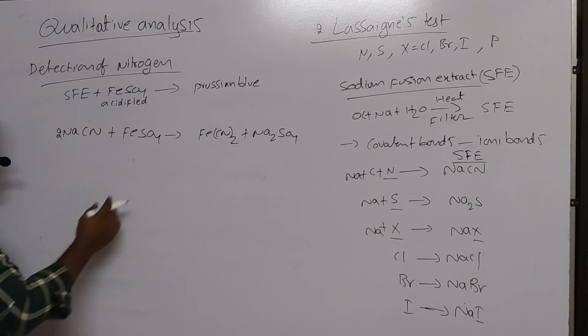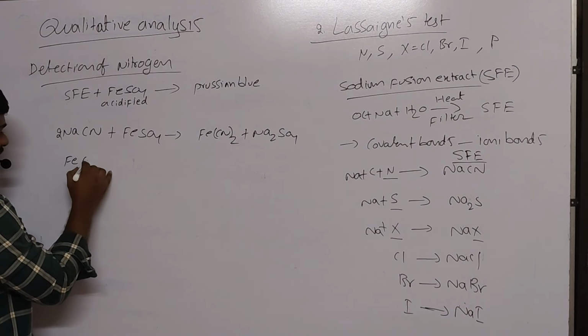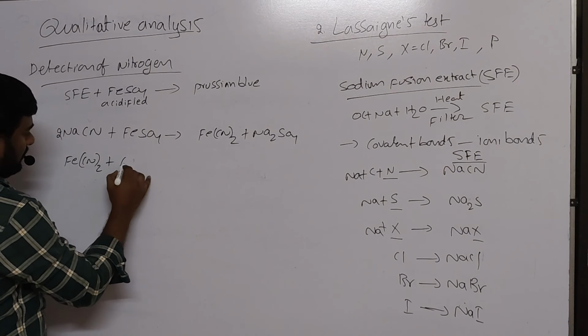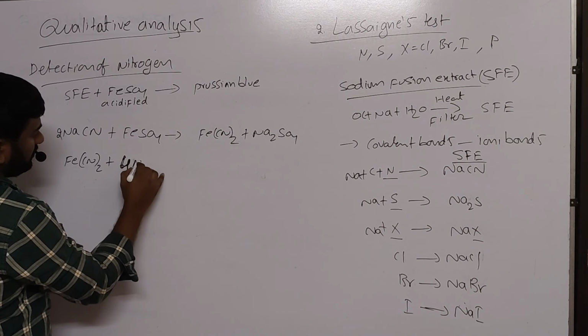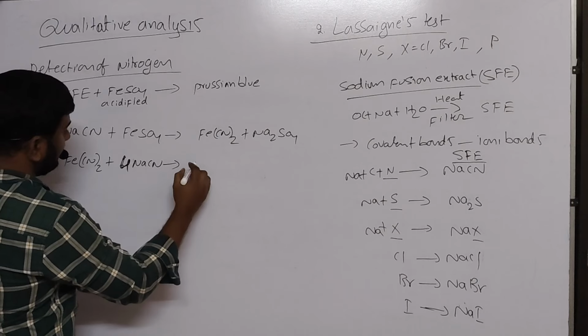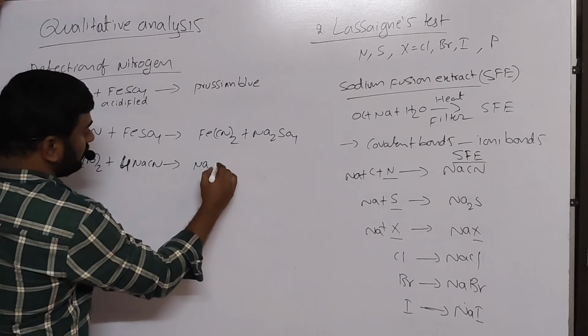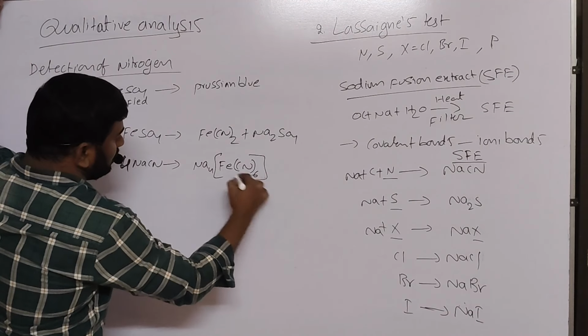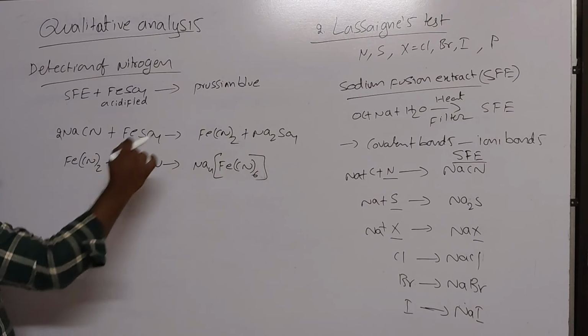If you take 2 moles of NaCN, this Fe(CN)2 again reacts with 4 moles of NaCN, and we get Na4[Fe(CN)6], a complex compound, sodium hexacyanoferrate.